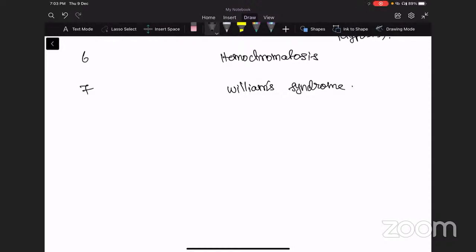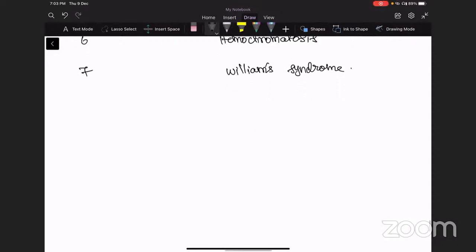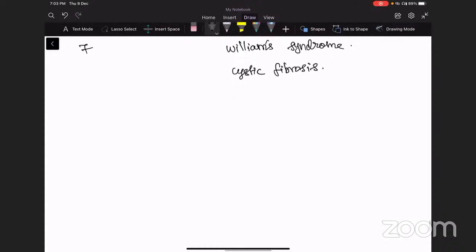PKD1 chromosome 16 and the PKD2 is chromosome number 4. Please recheck your notes. ADPKD or PKD1 is 16, whereas the PKD2 ADPKD is chromosome number 4. Seven, Williams syndrome and cystic fibrosis.